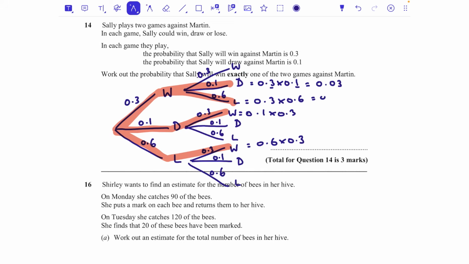And the next one would be 0.18, the next one would be 0.03, and this one would also be 0.18. Adding all of those values together, I've got 0.42 as my final answer. So 0.03, add 0.18, add 0.03, add 0.18 is 0.42. That is the probability that she wins exactly one of the 2 games.